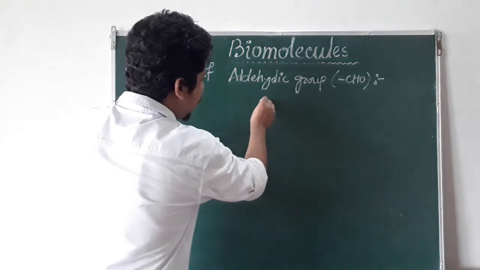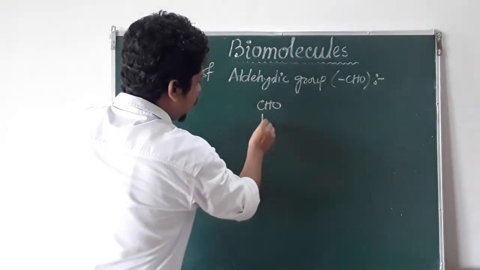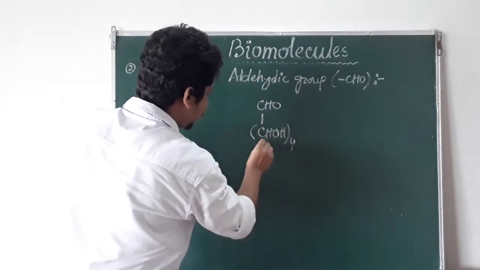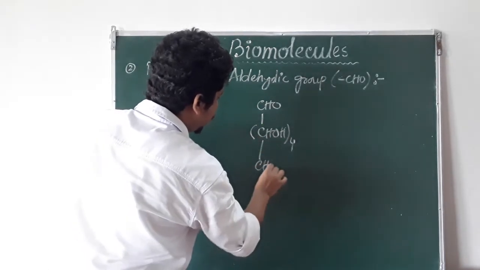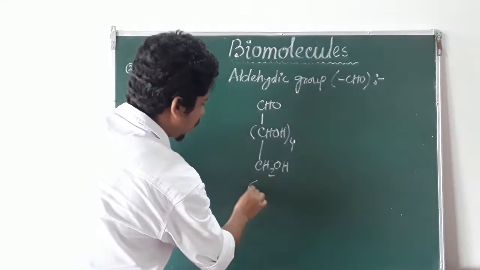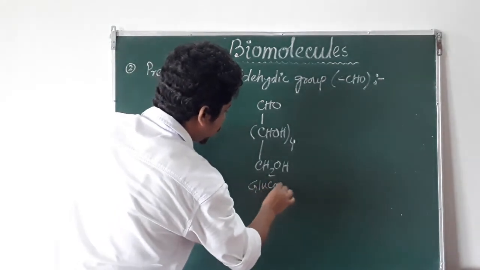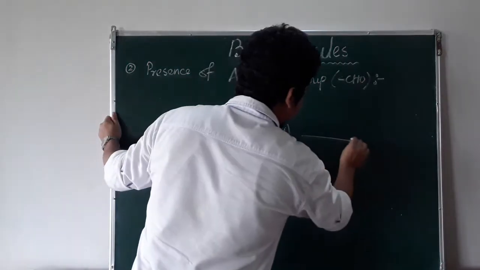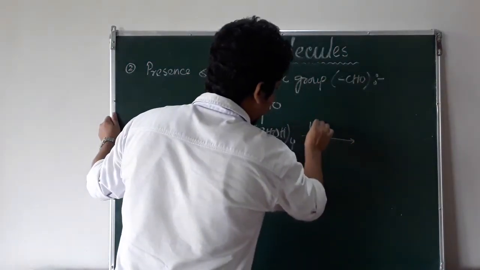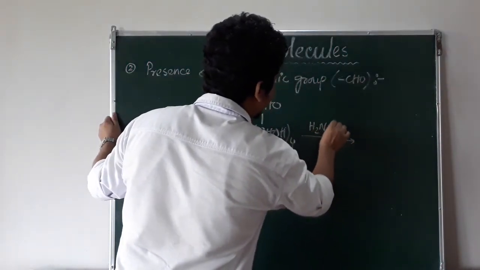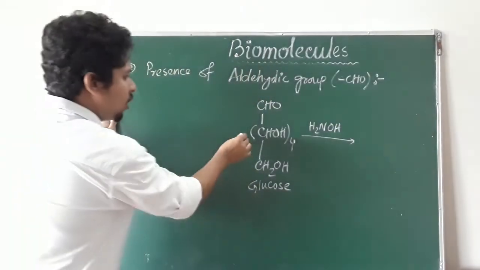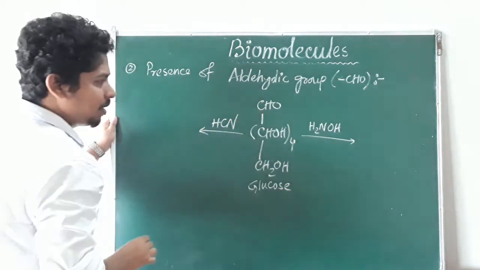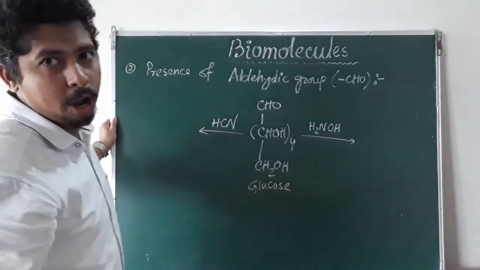Can you see? Here we have CHO bond CHOH 4 times bond CH2OH. So this is the structure of glucose. So this glucose on treatment with hydroxylamine, the formula of hydroxylamine is NH2OH, and this also upon treatment with HCN, will give defined products.